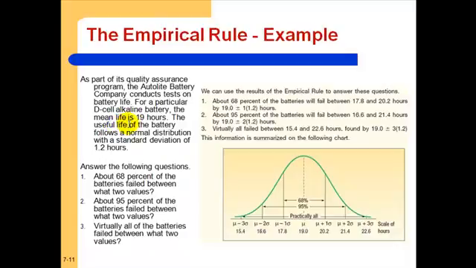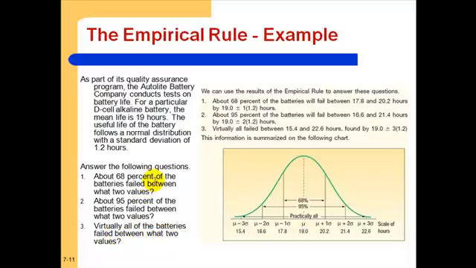The useful life of the battery follows a normal distribution with a standard deviation of 1.2 hours. Answer the following questions. About 68% of the batteries fall between what two values? About 95% of the batteries fall between what two values? Virtually all of the batteries fall between what two values?